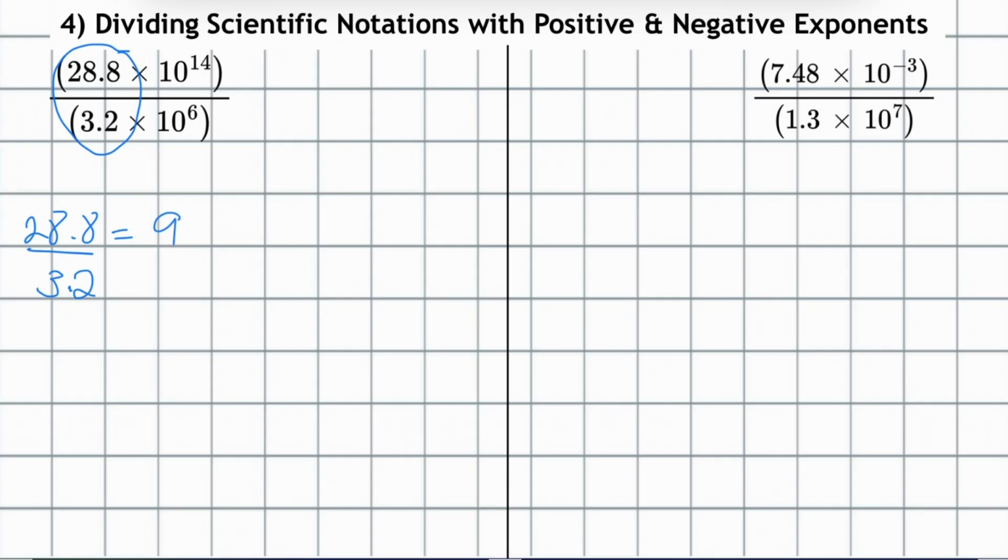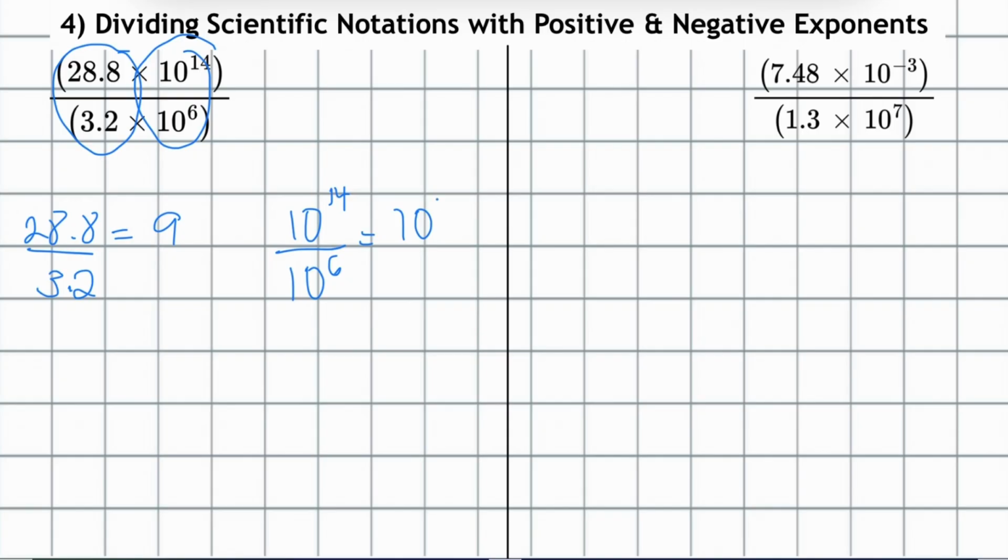Okay, and when we divide the portion that contains exponents, we have 10 to the 14 divided by 10 to the 6. We know that when we divide coefficients or variables that contain exponents, we need to subtract the exponents.